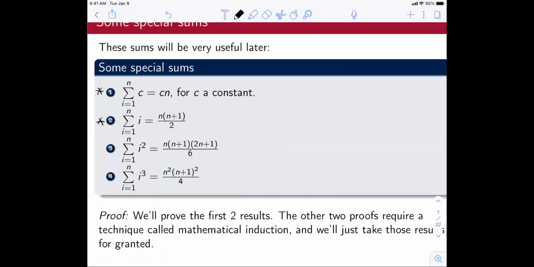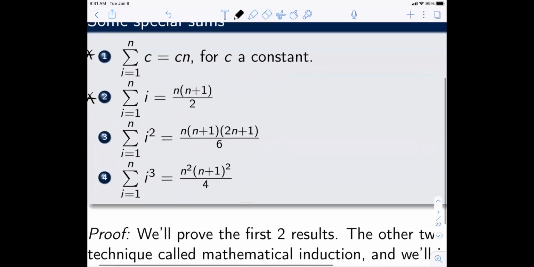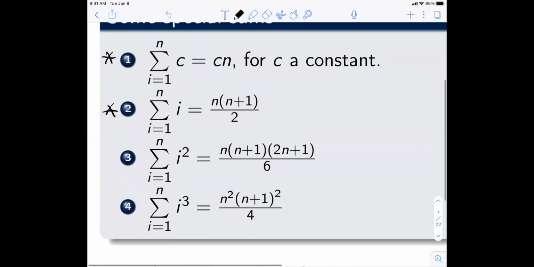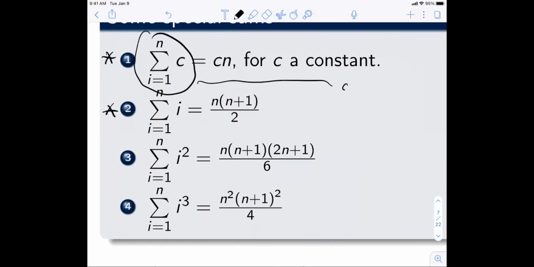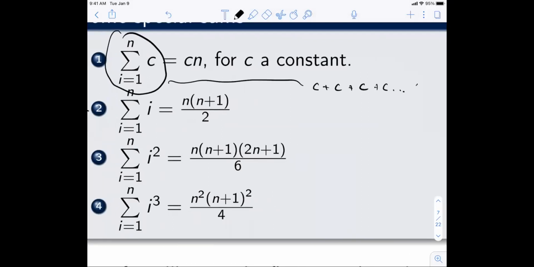So let's look at what these results say. The first one says if I take the sum of a constant c, n times, the left-hand side is really just saying c plus c plus c plus c plus c, and there's n of those terms.